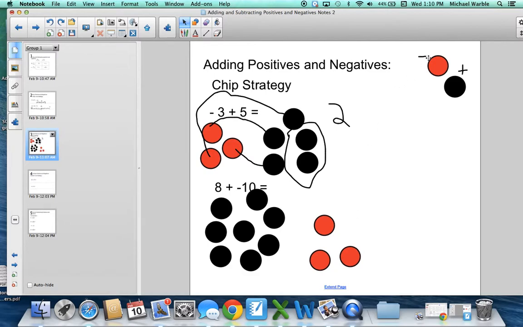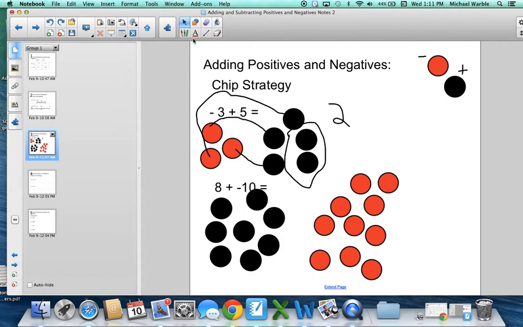And when you're using this on paper, a good way to do this would be to draw circles and just put a plus or a minus inside of that. I've seen a lot of students' work that looks like that, and it makes sense. It gets the point across, and it's a simple way to count them. You don't have to go as far as to create a black and a red chip, but when we have a program like this, it's a little bit easier to do.